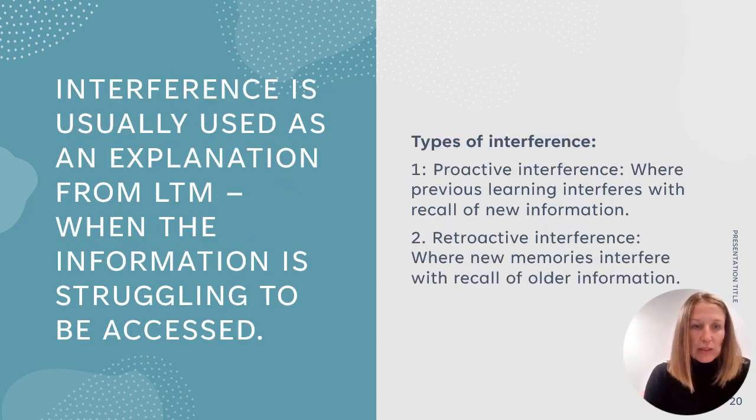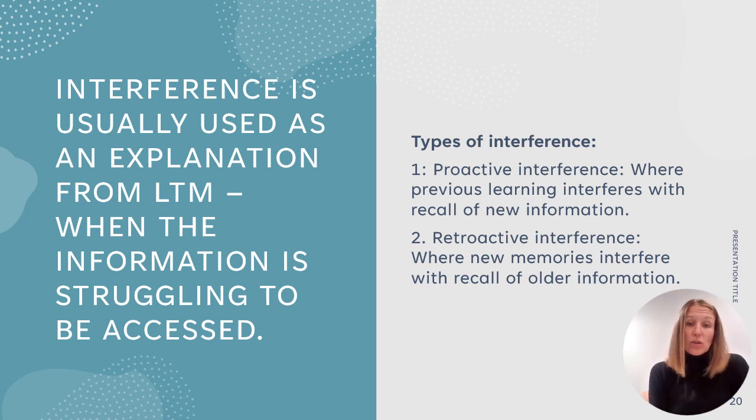Interference is usually used as an explanation for long-term memory when information is struggling to be accessed. So it is used as an explanation for forgetting, but it's not necessarily that it has been forgotten. It's that it's there, but it can't be accessed.